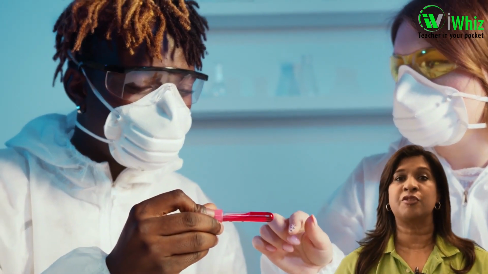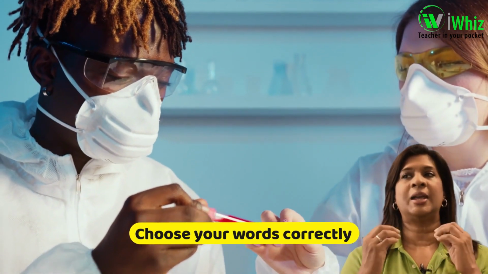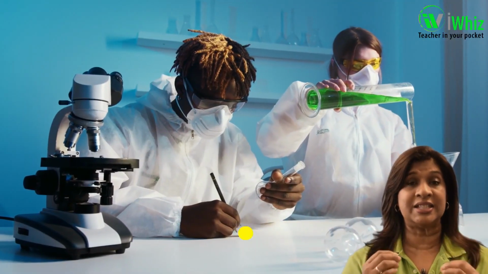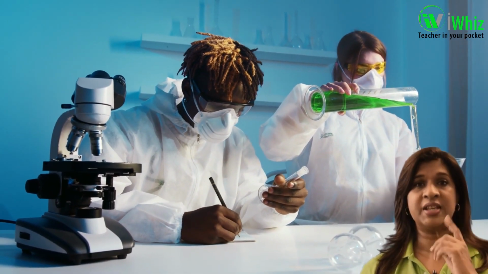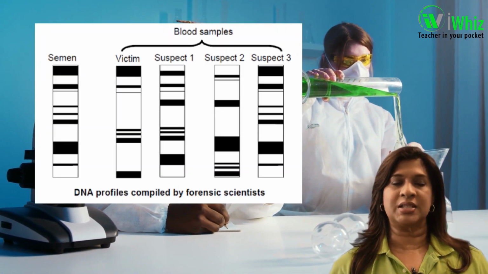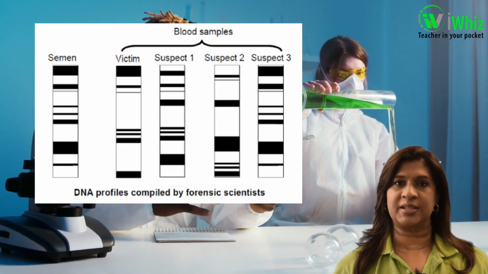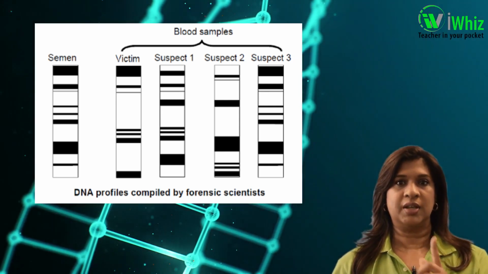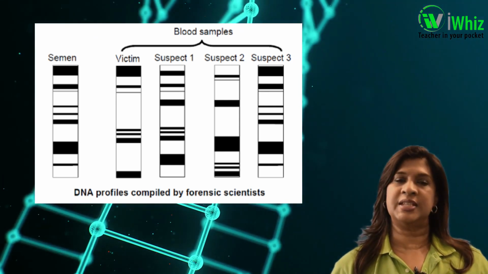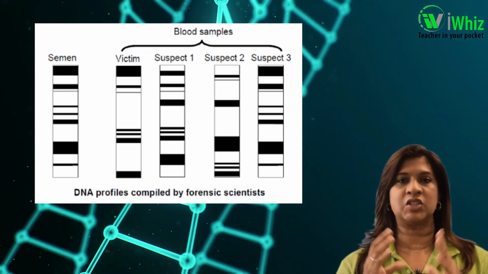The reason is the following, and choose your words carefully and make sure that your answer is detailed and accurate. The black bars on the DNA profile from the suspect match the black bars on the DNA profile of the semen sample. That is your answer.